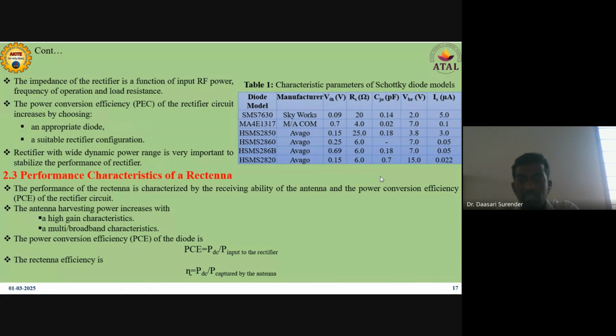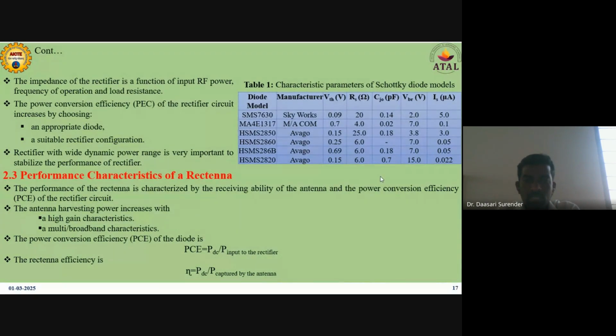For the SMS 7630, the threshold voltage is very low, 0.09 volts, and its breakdown voltage is also low. Comparatively, among the other Schottky diodes, the HSMS 286B and MA4E1317 have higher threshold voltage. The breakdown voltages are almost equal, and the breakdown voltage of the HSMS 2820 is the largest among the presented Schottky diode models.